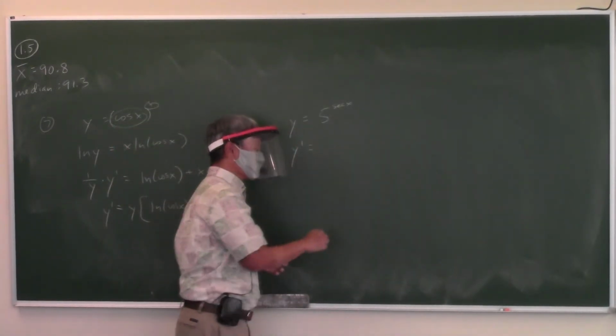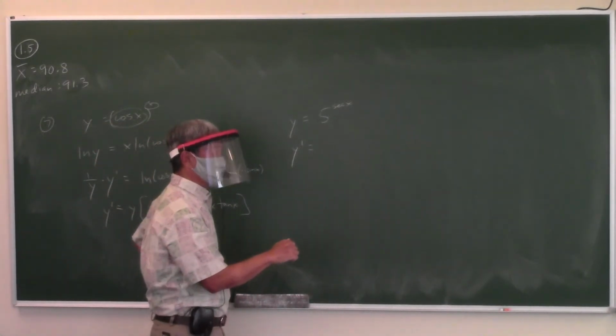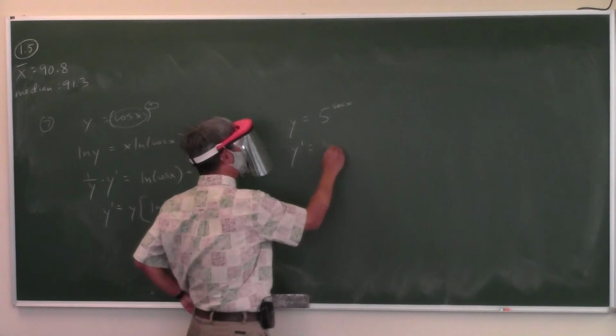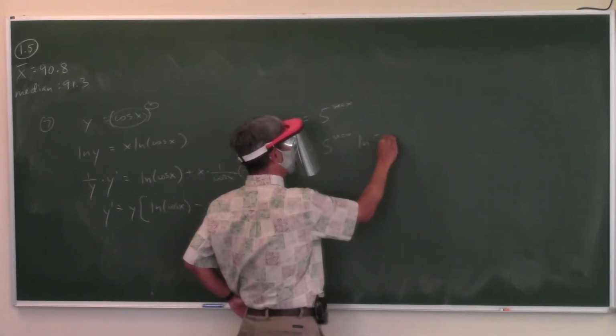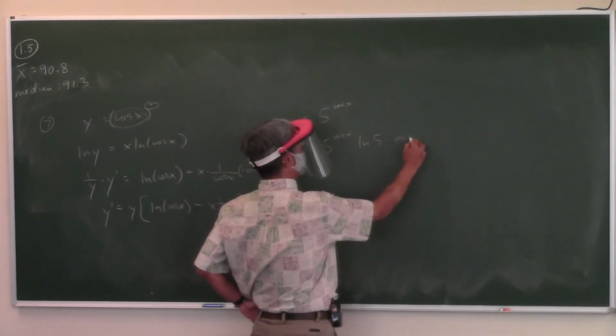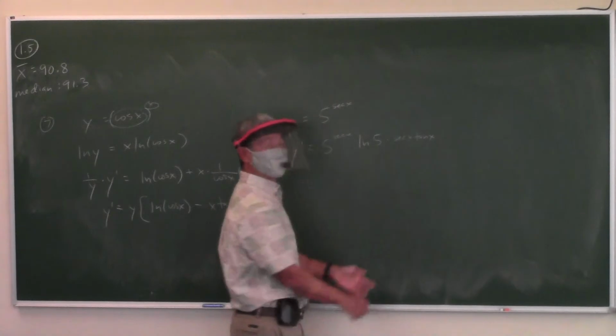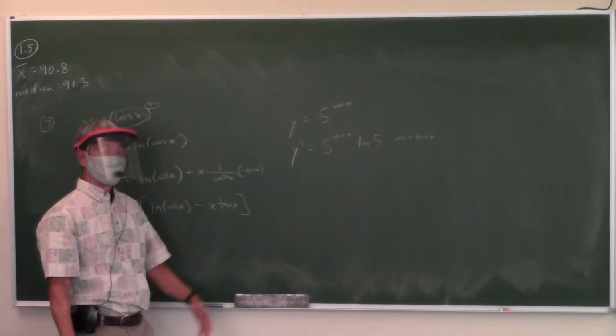So what is the derivative for this one? 5 to the secant x times natural log 5 times secant x tan x. Look at that. You guys are 4 for 4 on derivatives, but 0 for 4 on the algebra.